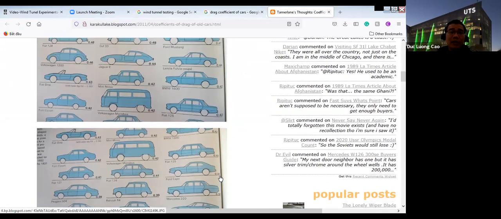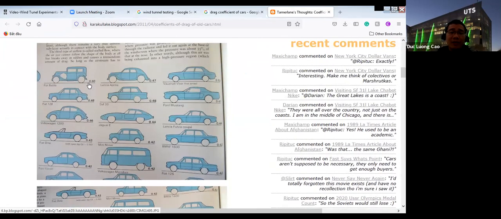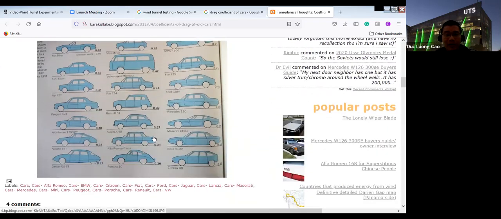The higher the drag coefficient, the higher the drag force. When drag force is higher, air resistance is higher. It means we need more energy, more fuel. That's why the sport car can go at a higher speed.